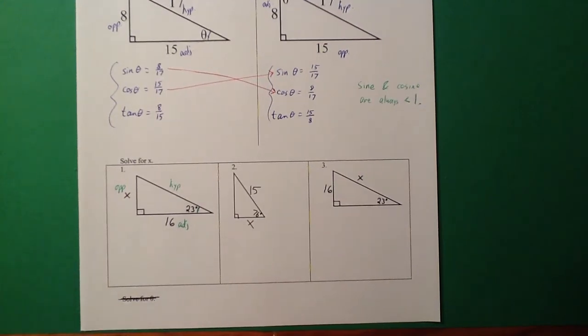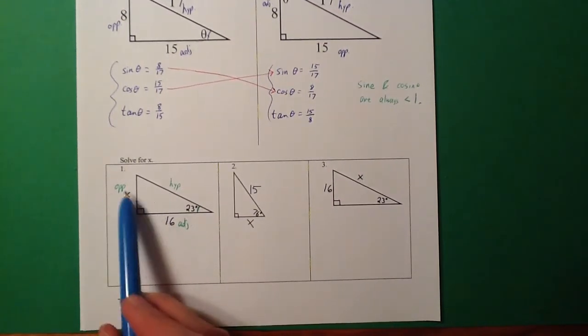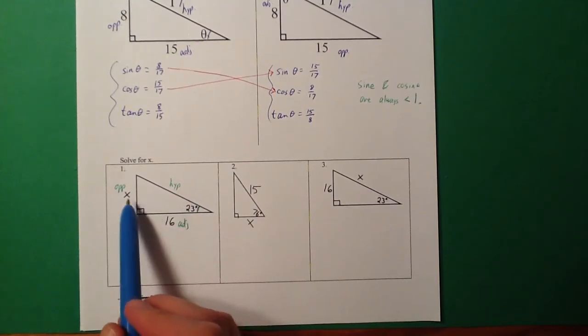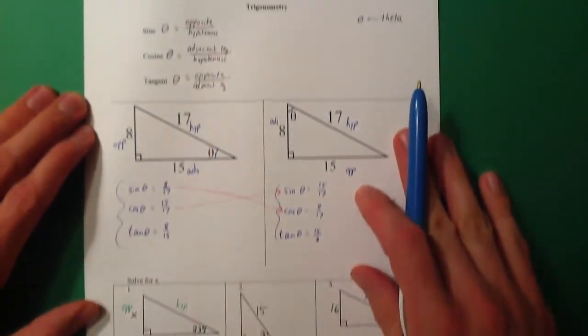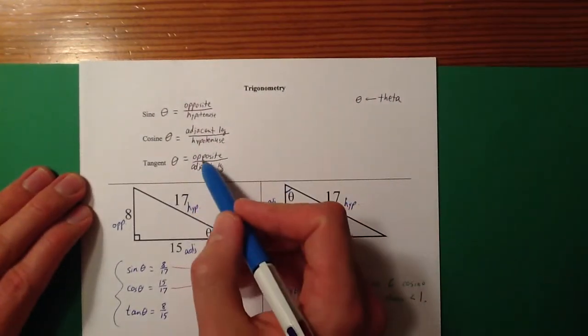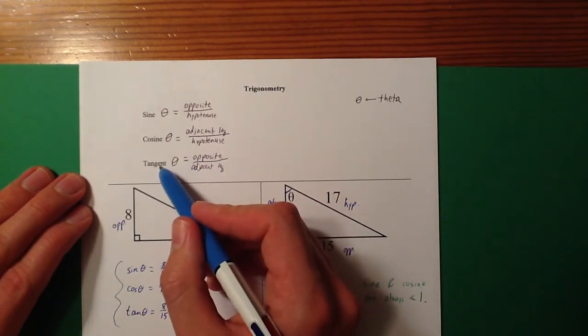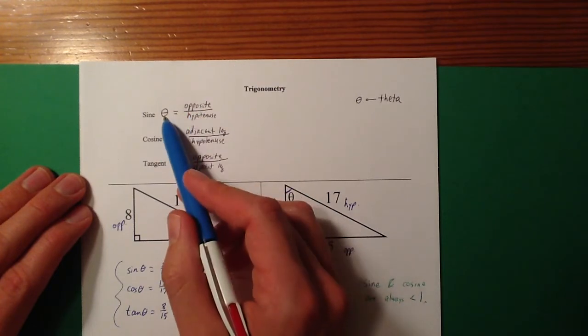So, knowing that we have an x and a 16, these two sides are labeled, and we never were dealing with the hypotenuse. We have to deal with the opposite and the adjacent. We come up here and we ask ourselves, hey, opposite and adjacent, what's that? Well, clearly it's tangent. If I would have said adjacent and hypotenuse, you'd have picked cosine. If I had said opposite and hypotenuse, you'd have picked sine.